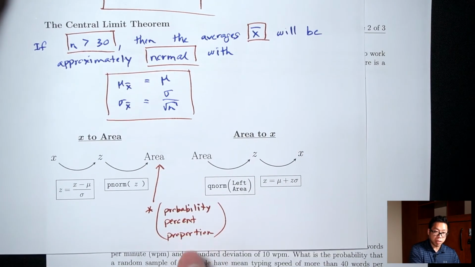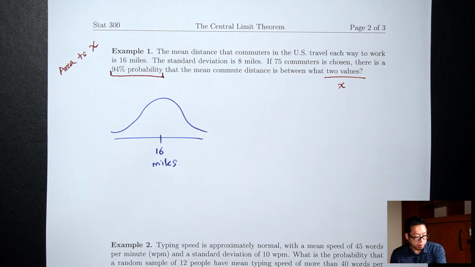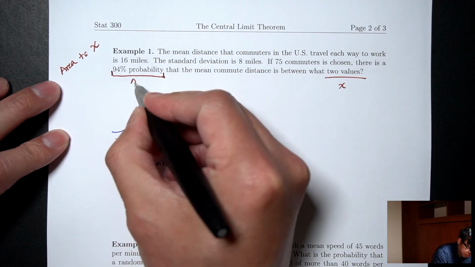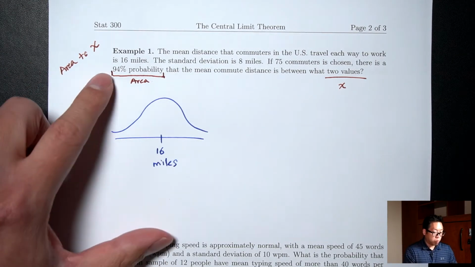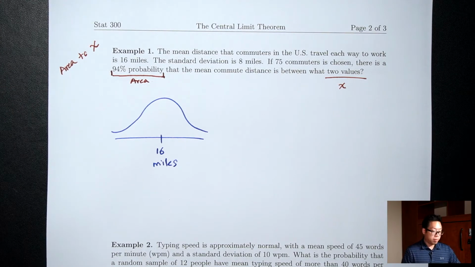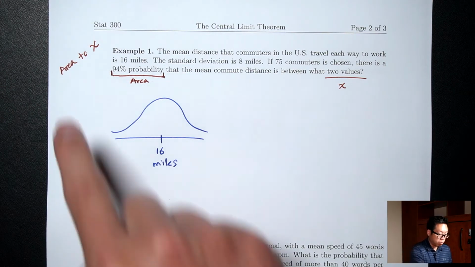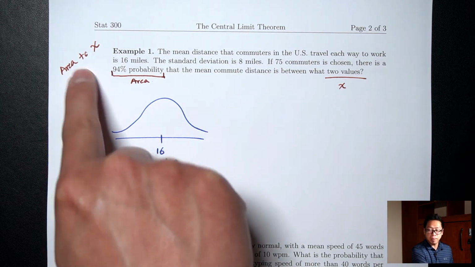Okay, so probability, percent, proportion. Anytime we see those P words, think area. So I'm starting you off with 94% area. So I'm giving you an area to start. So if I start you off with an area, which one starts with an area? Area to x starts with an area.